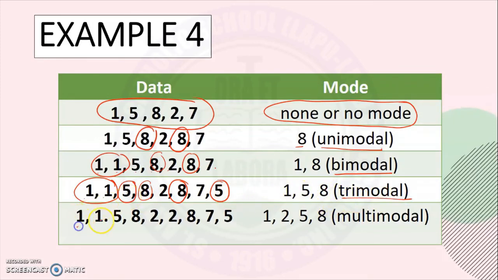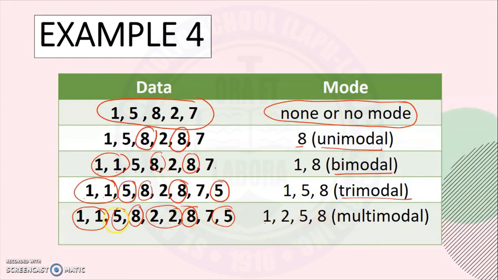Next, 1, 1, 5, 8, 2, 2, 8, 7, 5. Number 1 occurs 2 times, number 2 also occurs 2 times, also number 8 and number 5. So we have here 1, 2, 5, 8 as our modes.